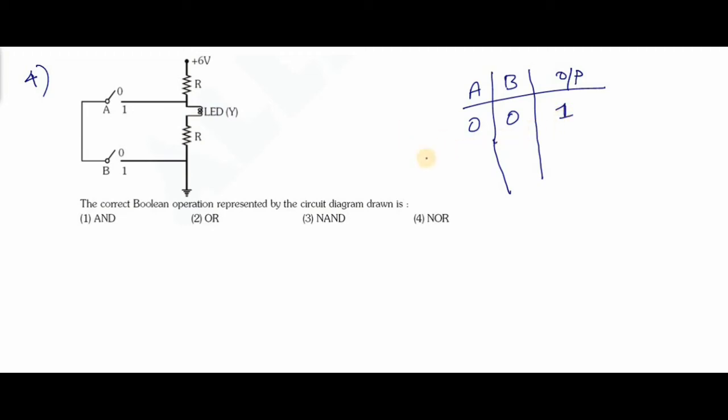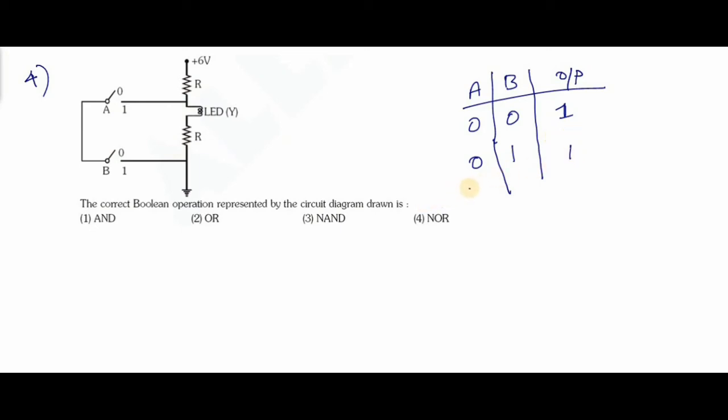In the second combination, I am going to close B and open A: 0 1. Now also it is an open circuit, so no current will flow here, and the current will flow through the LED. Output 1.